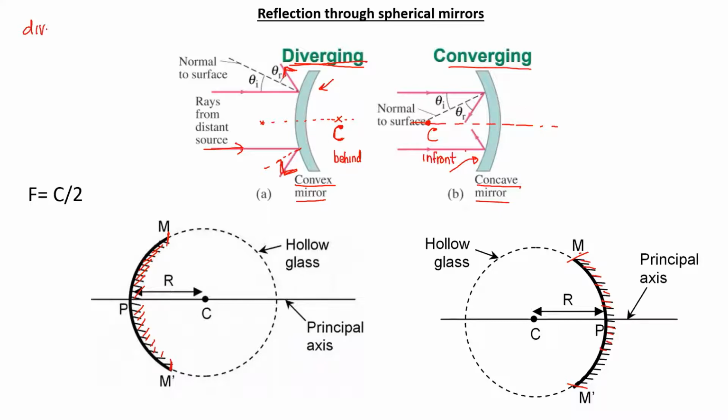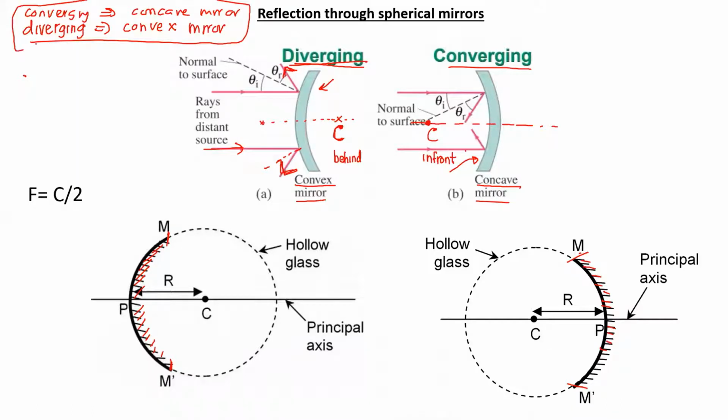So whenever you see diverging mirror, what they mean is convex mirror. Whenever you see converging mirror, that means a concave mirror. This converging, diverging thing is valid for a mirror. You will see when we go to lenses, this is completely opposite.